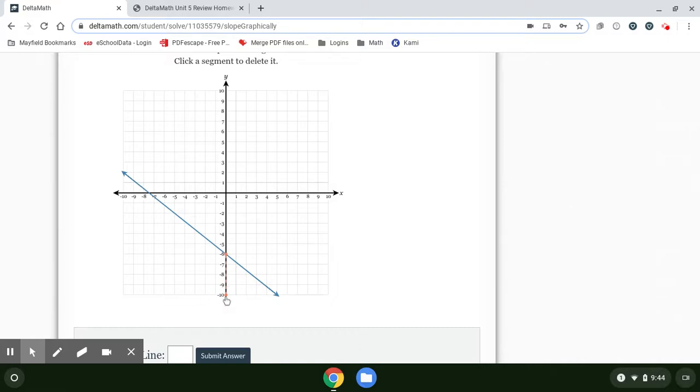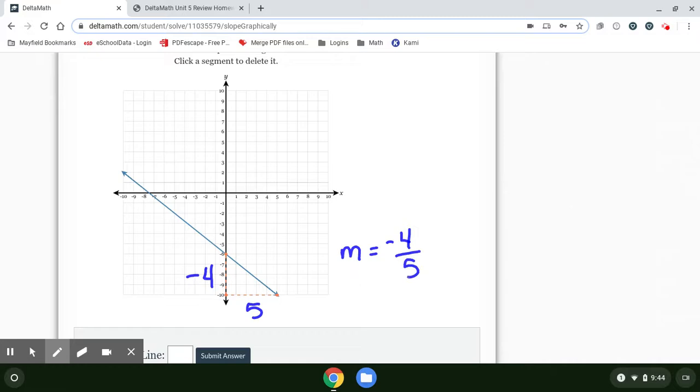I need to draw it down, and then I also need to go right. I went down 1, 2, 3, 4, negative 4, and I went right 1, 2, 3, 4, 5. So my slope is negative 4 over 5.